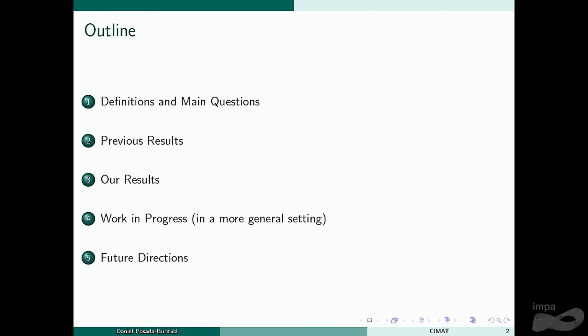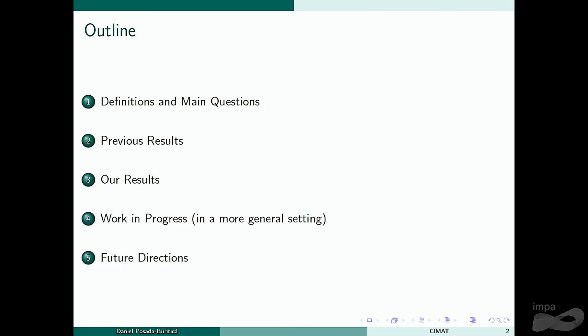My talk today is a joint work with Jorge Olivares. I want to divide this talk into 5 parts. First, I will begin with basic definitions and the main questions to be addressed in this work. Next, I will present the previous results that we know about the solutions, or some solutions, about the problem.